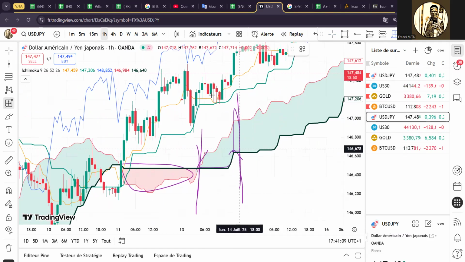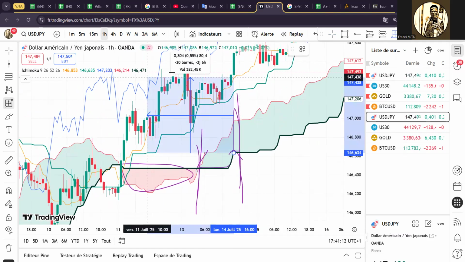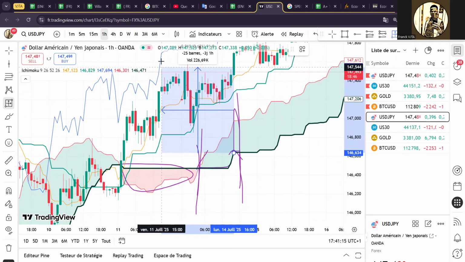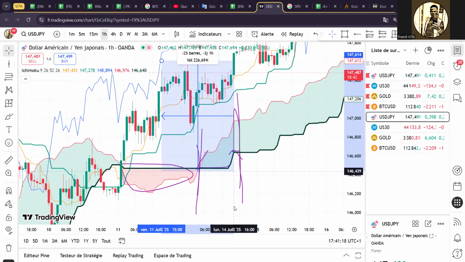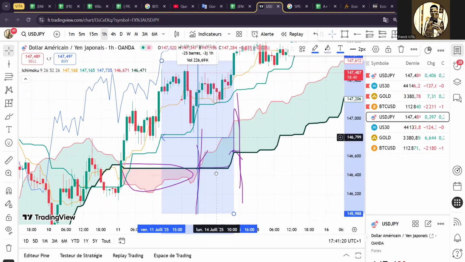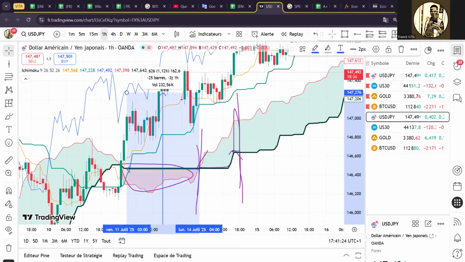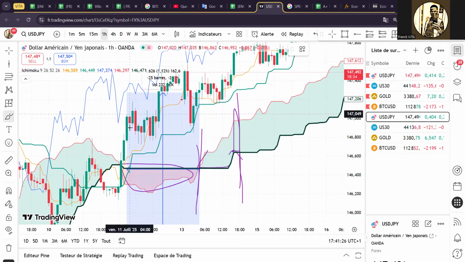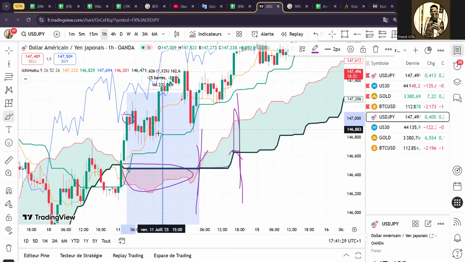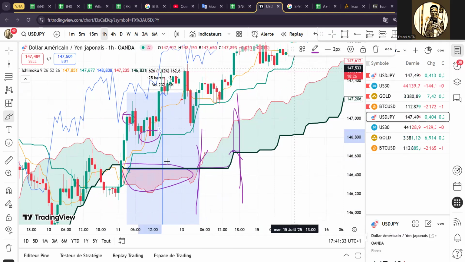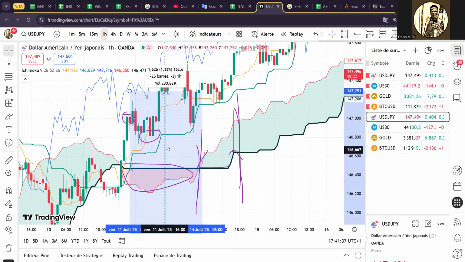So we have 25 candles like this. So we got this, and the first candle, the candle when the cloud just crossed, was this one. And then this one is an entry, where you can enter for the fresh.